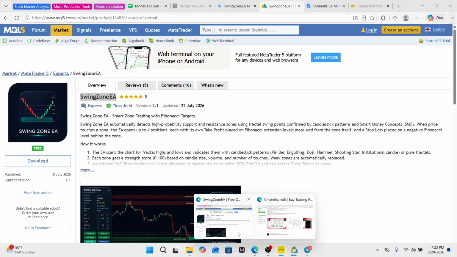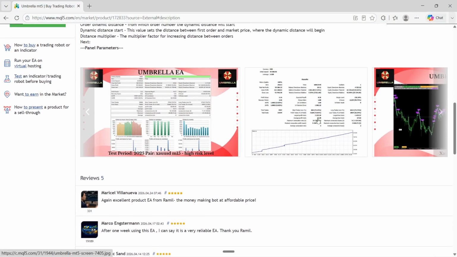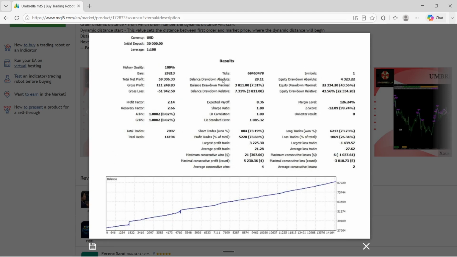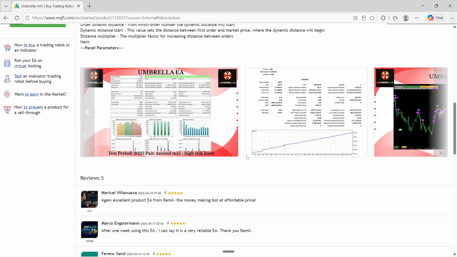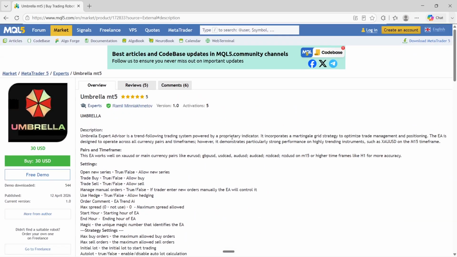In the developer's screenshots, you could see better performance and a smoother equity curve to the upside and pretty decent gains. But in my own personal backtest, that actually didn't hold true for the period. I tested it for a 1 year period, from the 1st of April 2025 to the 1st of April 2026.